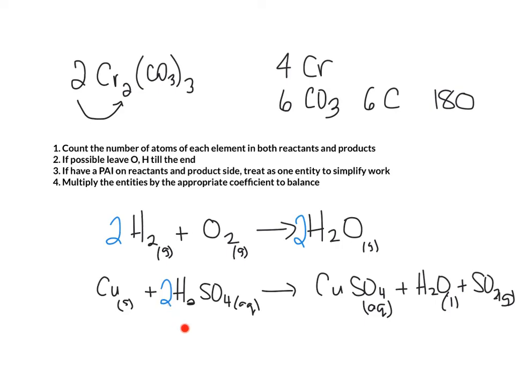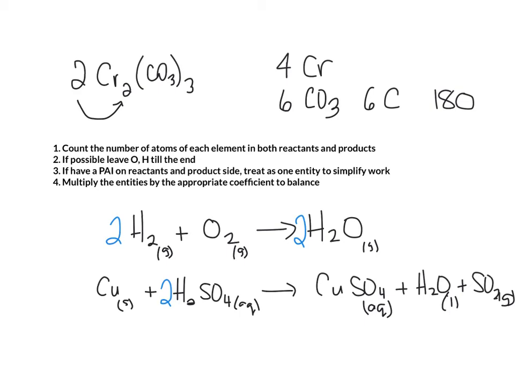We've got 2 times 4, so 8 oxygens on the left, 4 here, 1 here, and 2 here. So we've got a total of 7 on the right. So somehow we have to multiply something on the right to make that total 8.